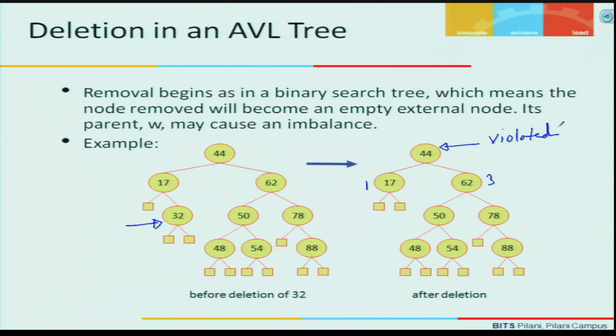So, this imbalance has to be rectified. We had also seen how to rectify this property. Recollect, there were 4 cases depending upon how we are going to map x, y, z onto a, b, c. So, we are going to have a similar convention also for removal.